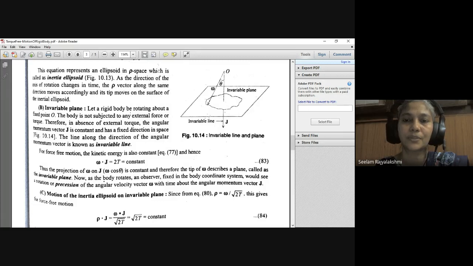That means the projection of omega on J is the constant omega cos theta. Any observer can observe this, and we can see the precession or rotation of omega about the angular momentum vector J.